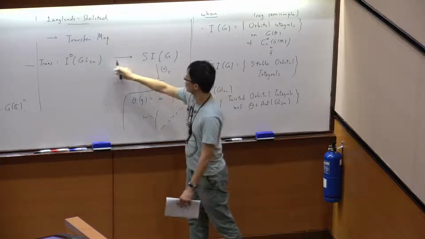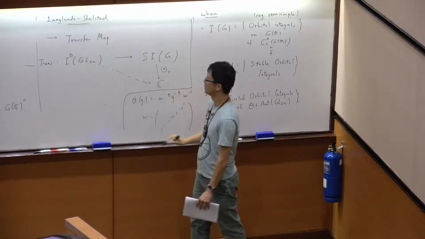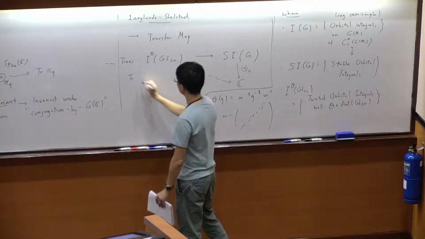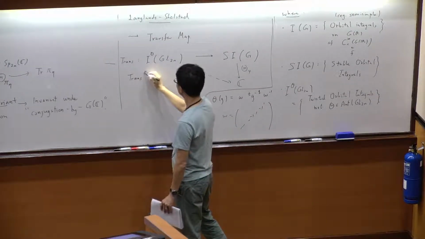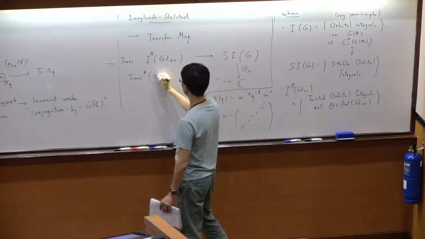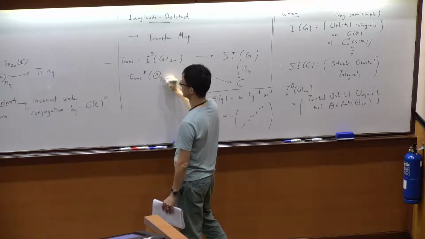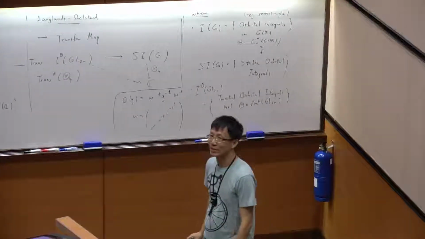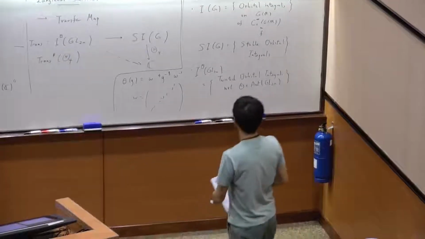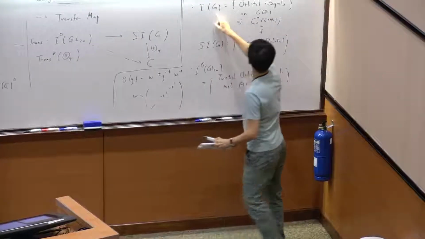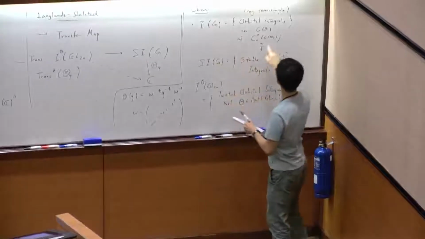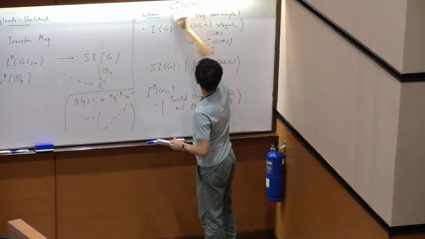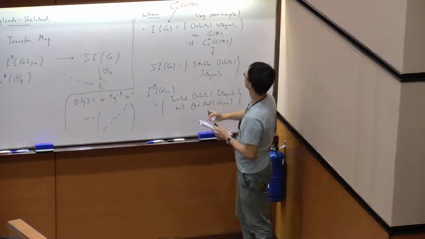Because of this map, you can pull it back. After you pull back, in other words, you can consider the pullback as just a composite of the two. If it is invariant, then it factors through this, because C_c infinity of G(R) has a map there by construction.